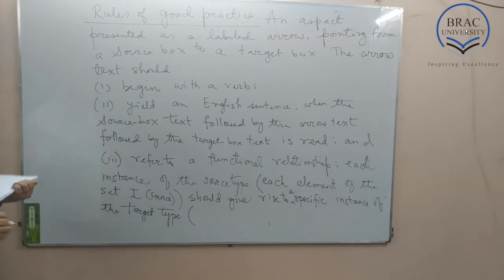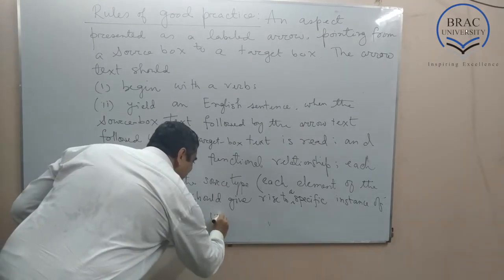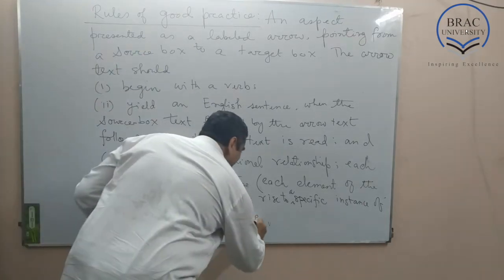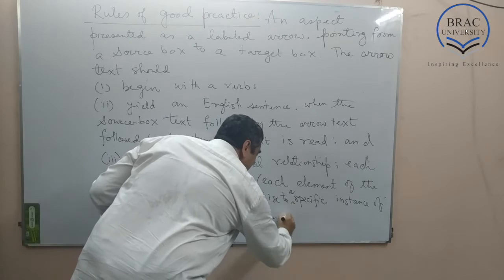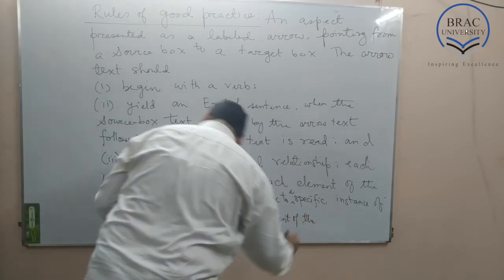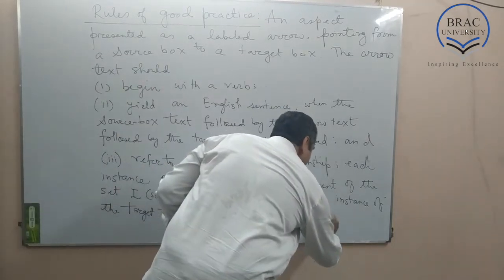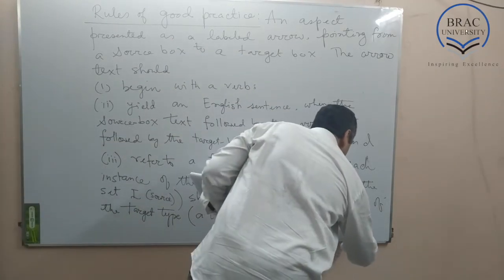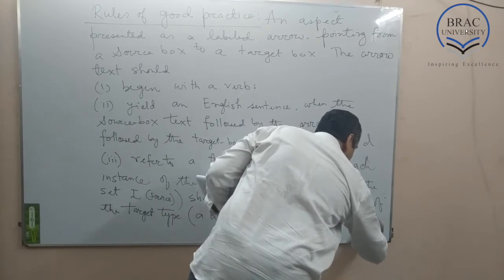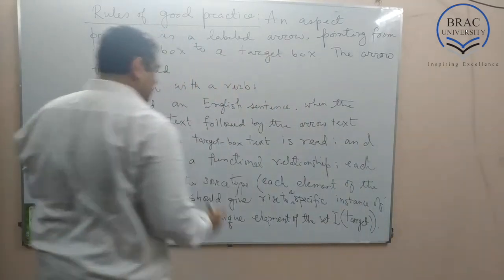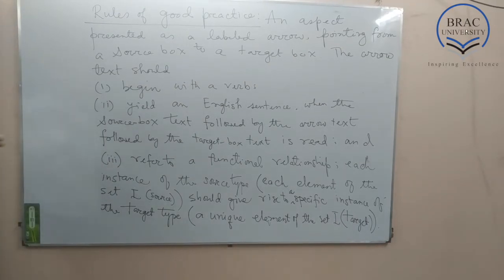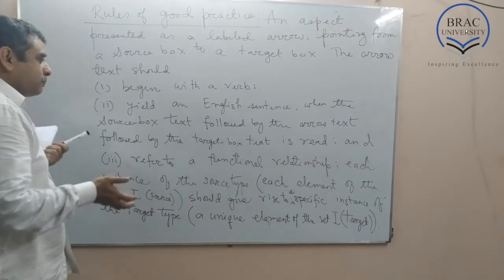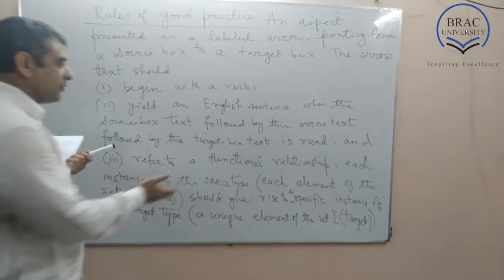Inside the bracket we write a unique element of the set I target. Okay? And only then will the underlying aspect uphold a functional relationship.